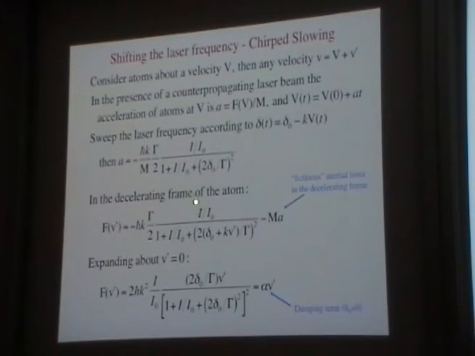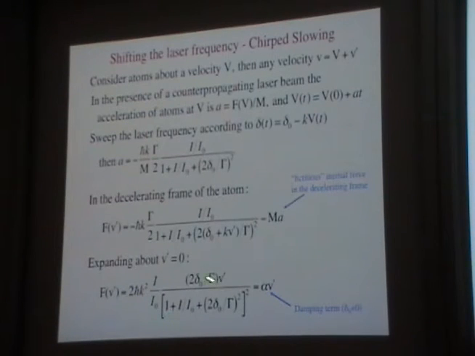So if you plug all this into the equation, you find that in the decelerating frame of the atom, you have an equation for the average force acting on an atom with velocity v prime. So this is the velocity of an atom relative to this moving frame, capital V. And this is the average force acting on the atom due to the laser, but you also have this fictitious force because you're in this decelerating frame.